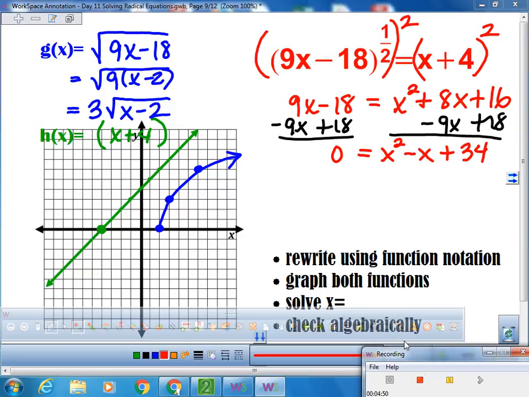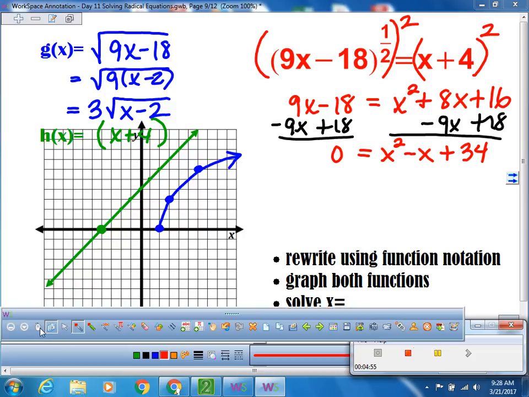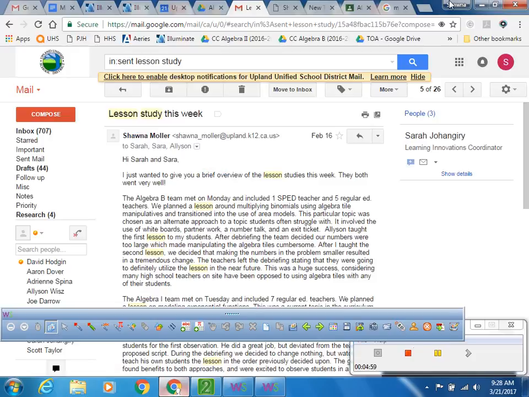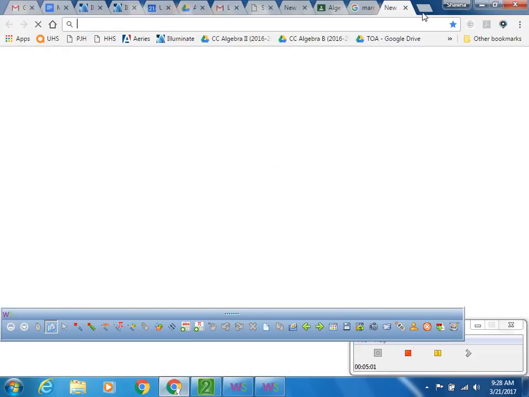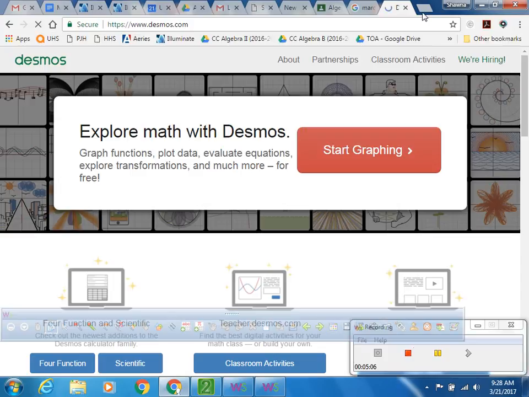I'm going to check and see if I did something wrong first. This is a very teachable moment because when you get to something like this, what you should be doing is going on Desmos and saying, let's make sense of it. Correct? Let's see if we're right.